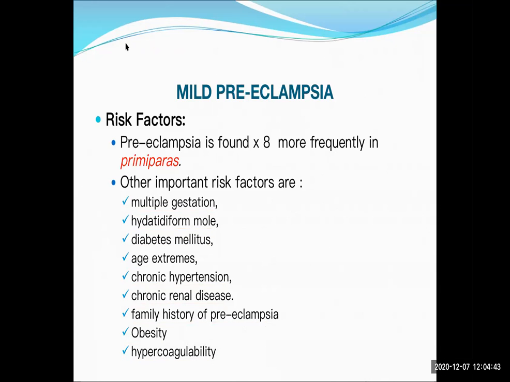Now, can you give one example of a hypercoagulable condition? Any one example. DIC. Hemophilia. Antiphospholipid syndrome. Thrombophilia or antiphospholipid syndrome. Now DIC is rather a bleeding disorder than a hypercoagulable condition.